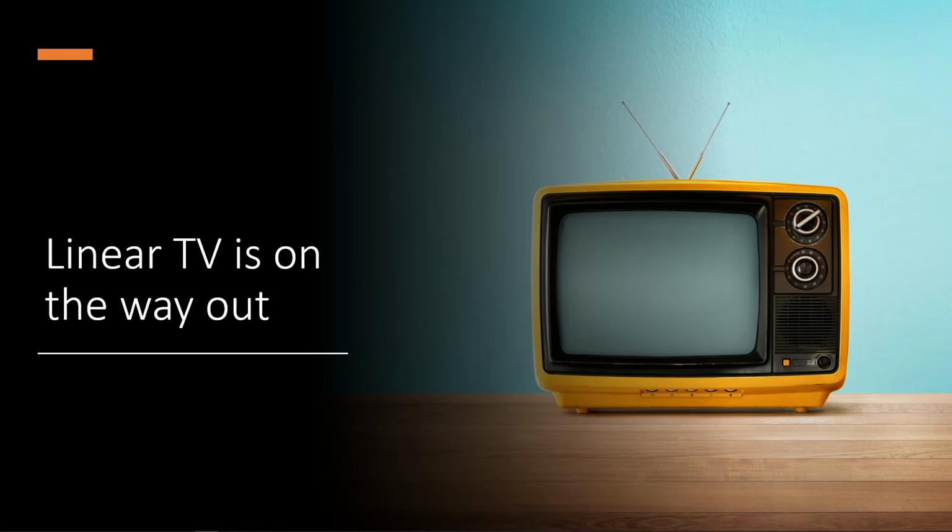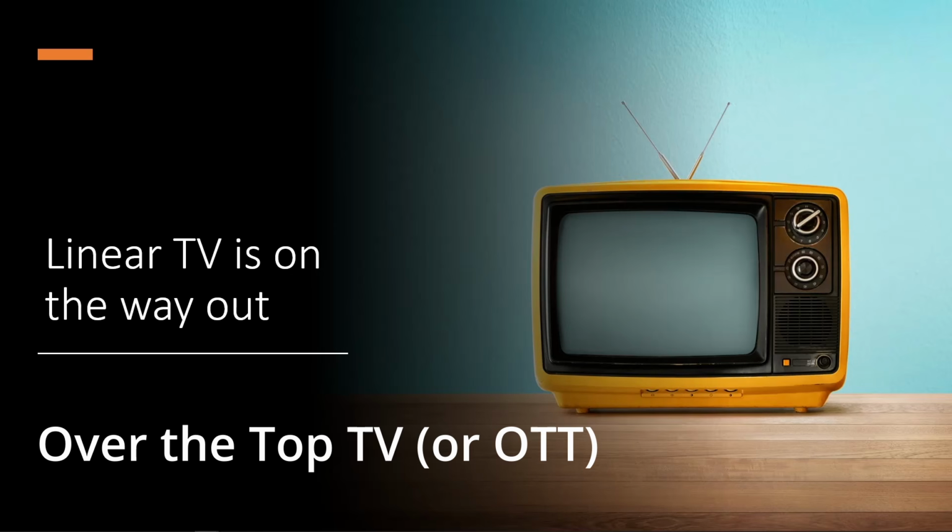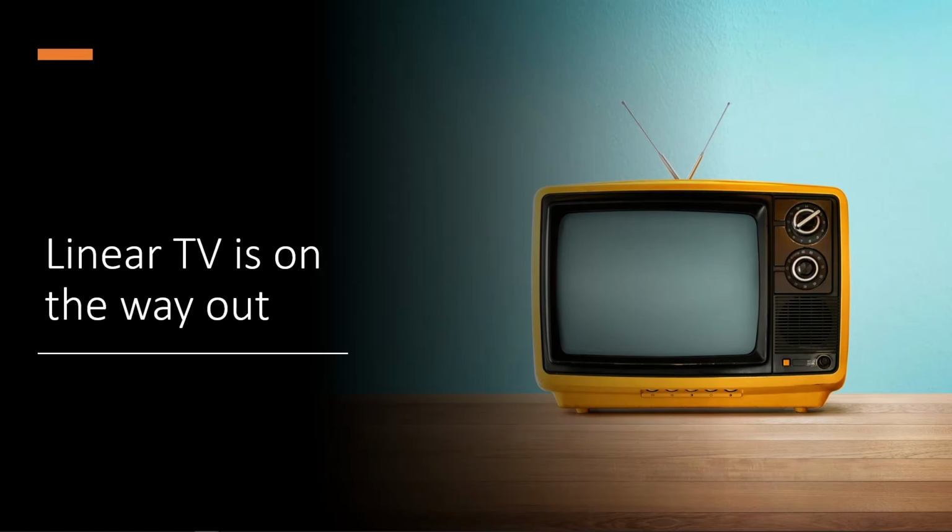So the TV programs are laid out linearly over time, except for sports programs and live TV shows. TV has now migrated more and more towards what they call over-the-top TV, that is, on top of linear TV. And the programs we watch have become more and more on-demand based.